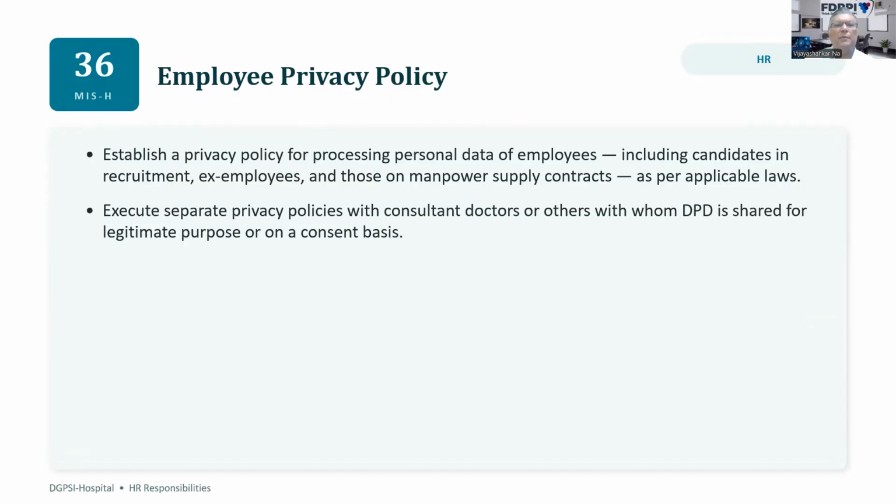Then establish a privacy policy for processing personal data of employees separately from the privacy policy for the public, because there are some specific complications involved in handling the HR of employees. So you have to take care of the recruitment, the case of ex-employees, and those on manpower supply contracts, if any, as per applicable laws.